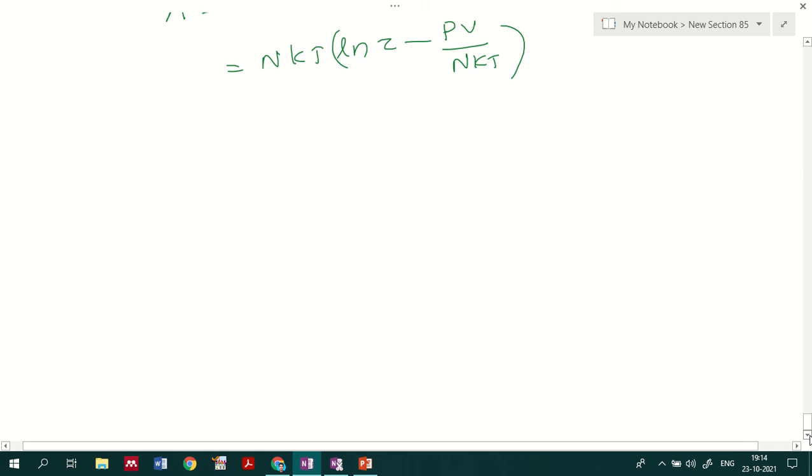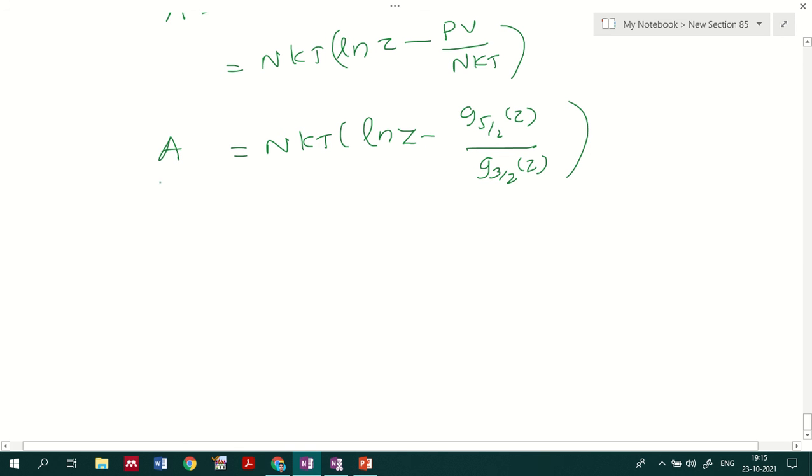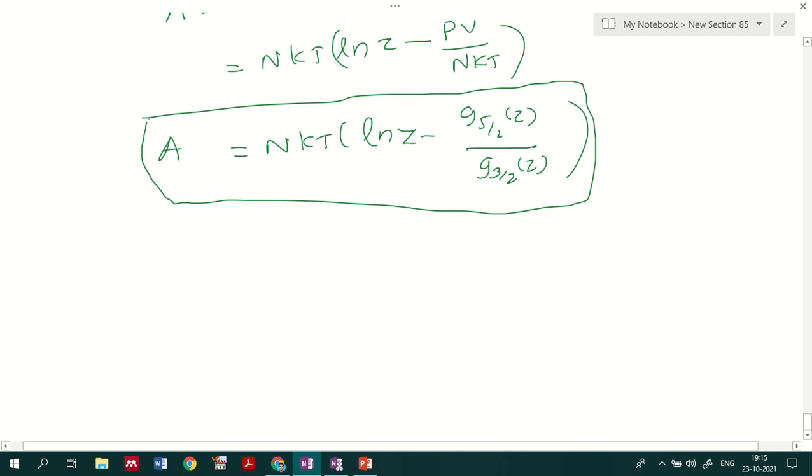So A equals N kT into ln z minus g_{5/2}(z) divided by g_{3/2}(z). This is the representation for the Helmholtz energy in terms of the Bose-Einstein function.